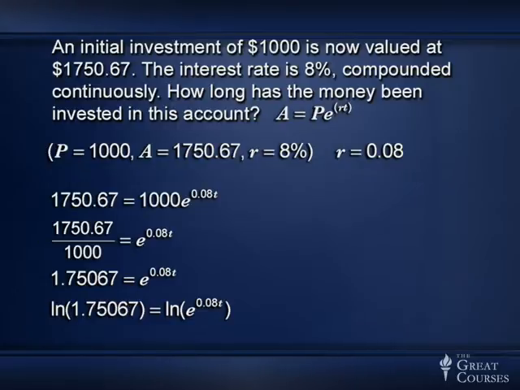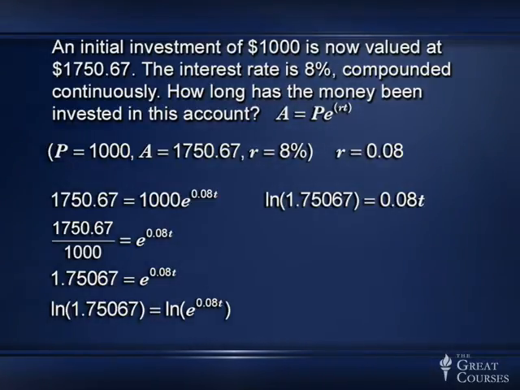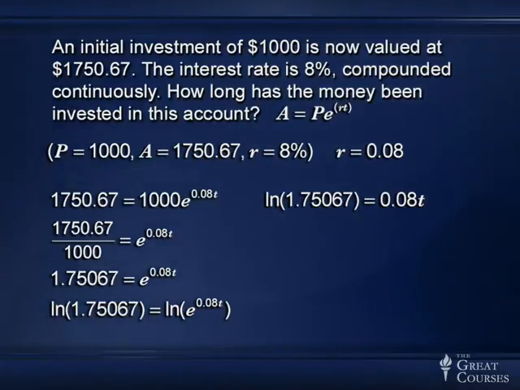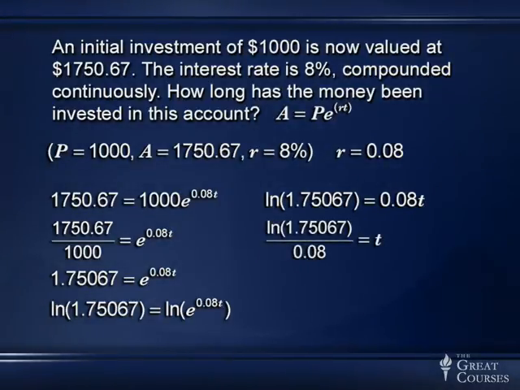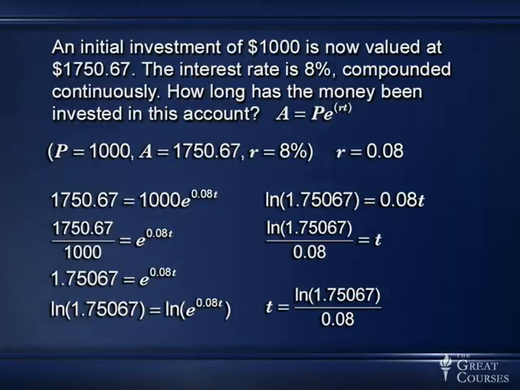And so the equation actually becomes ln of 1.75067 equals 0.08t. And now you almost have t completely by itself. If you just divide both sides by 0.08, you'll have t equals ln of 1.75067 divided by 0.08.